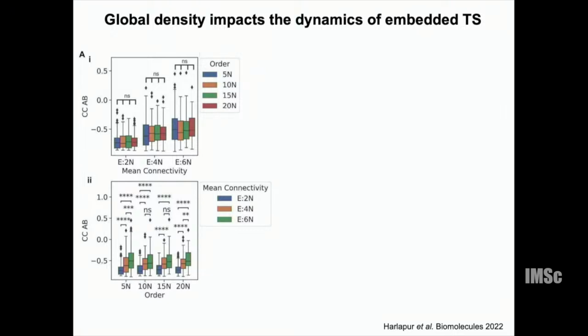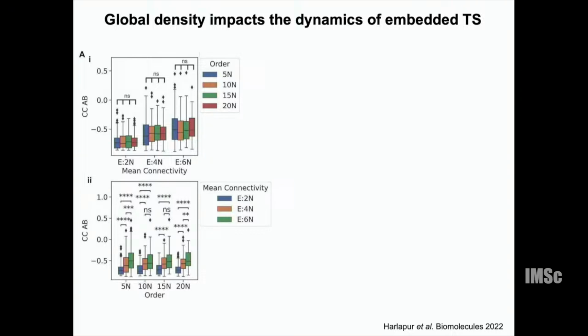What we've done here is keep the density fixed and look across different sizes. On the y-axis is the correlation coefficient, and these are distributions of those 100 cases each. When the density is fixed and you vary the size, just varying the size doesn't really give you a significantly different result in terms of correlation coefficients.